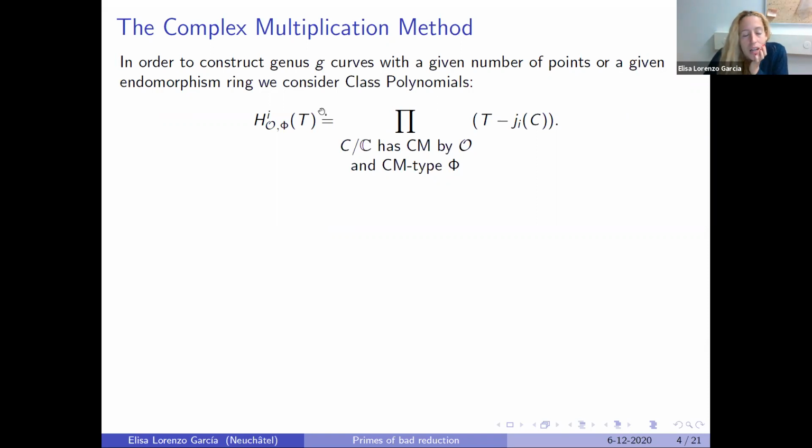First thing, look at this. Somehow I try to do the same thing. This time the class polynomial depends on the order, of course. It depends on the complex multiplication type. And then here there is an i. Why? Because the isomorphism class of an elliptic curve is just given by the j invariant, so you only need one invariant to define it.